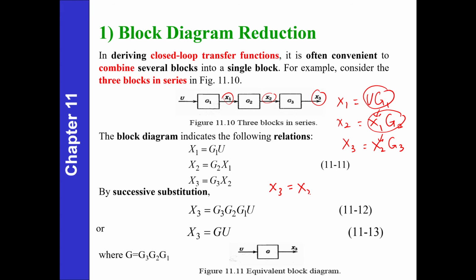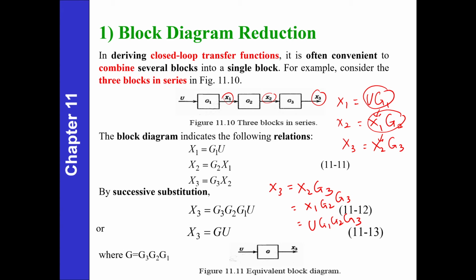We start with X3 equal to X2 G3. So X2 is equal to X1 G2. Don't forget your G3 here. And then X1 is equal to U G1 G2 G3.